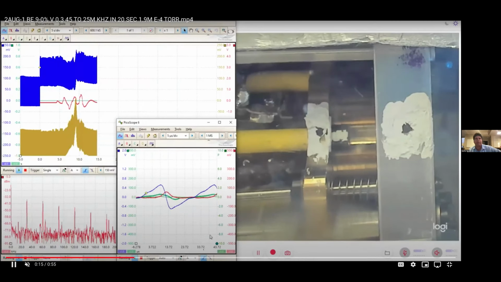And you said that the second and fourth harmonics, when those come into play, is when you were seeing maximum thrust? Yes. Or the first and third? No, the second and fourth. First, second, and fourth.